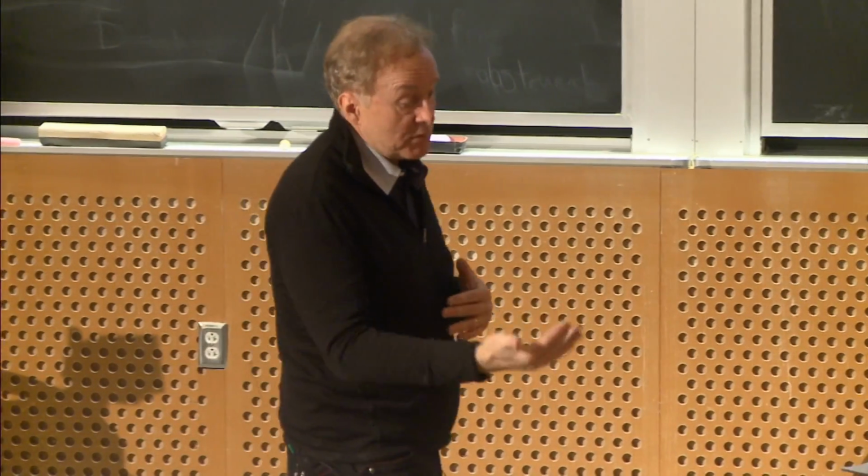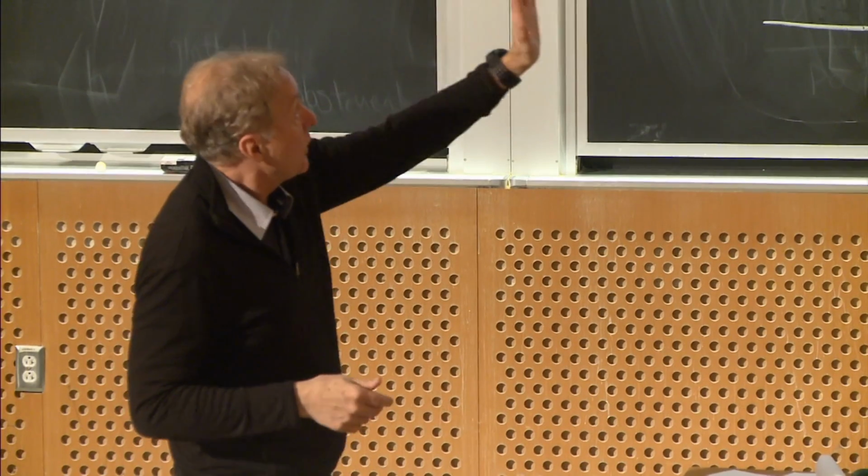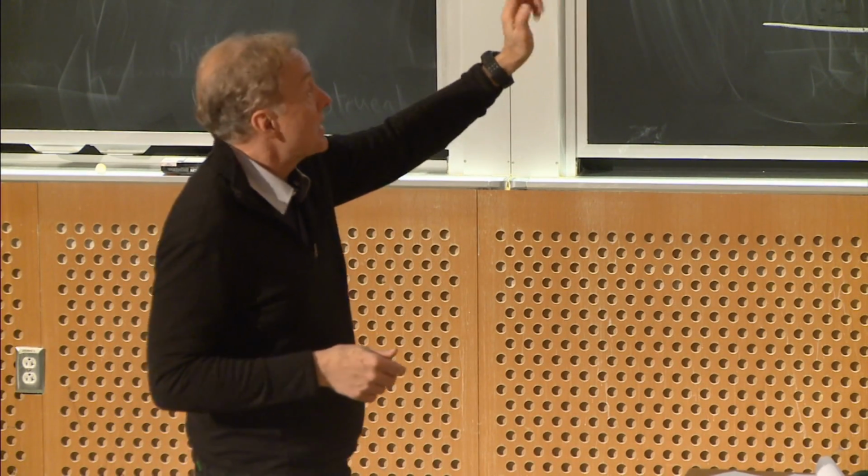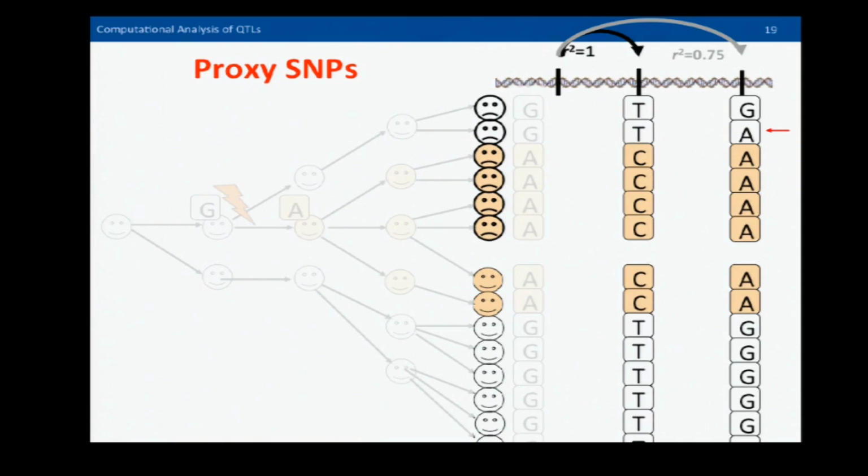But it also could be something that's a little bit away, but is highly correlated to the causative SNP. So just keep in mind that when you have an association and you're looking at a SNP, it may not be the causative SNP. It might be just linked to the causative SNP. And sometimes these things are called proxy SNPs.